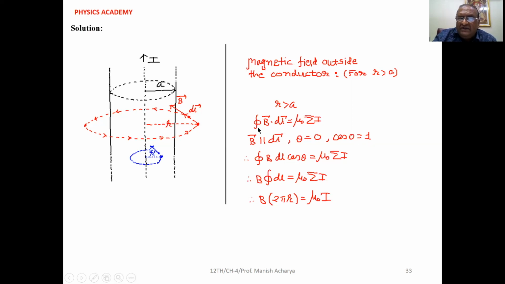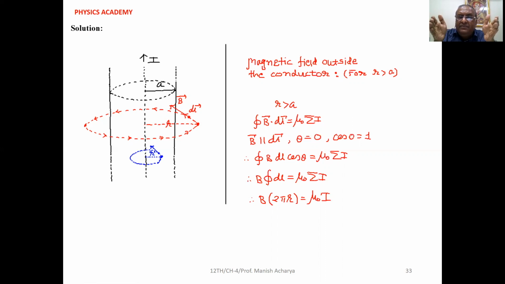So on the left hand side, integration B dl cos theta equals mu 0 sigma I. We can write B integration dl, cos theta is 1, equals mu 0 sigma I. Now B integration dl, that is the circumference of the loop, 2 pi r, into mu 0 times sigma I, the net current flowing through the Amperian loop.